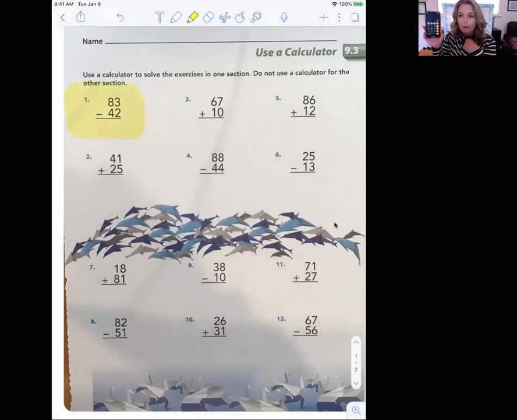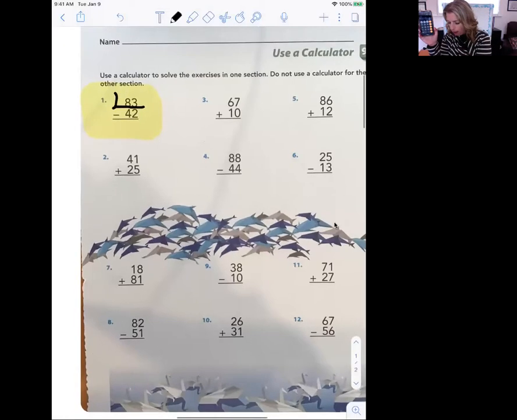Okay, so first, we gotta look at this whole number. We're not gonna make it in tens and ones. We could put this whole number, what whole number is that? 83. So I'm gonna put in my calculator, 83. And then we gotta put the symbol next, minus. So 83 minus.